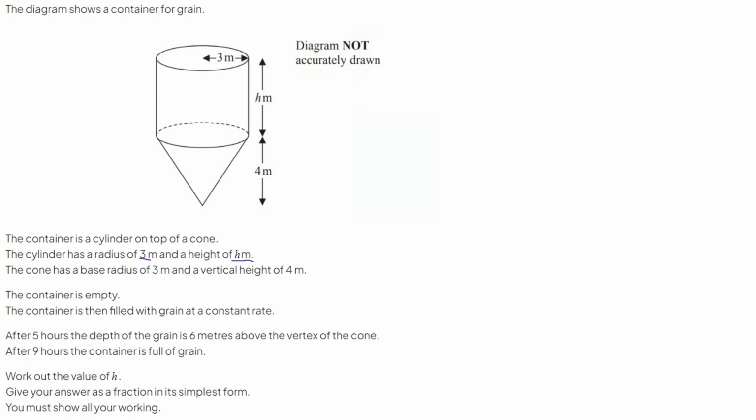Alright, so first thing we need to do is we need to understand that after 5 hours, what is the volume of grain, okay? The volume of grain is 6 meters up here, okay? And so therefore, what's this little bit here going to be? Exactly, it's going to be 2.